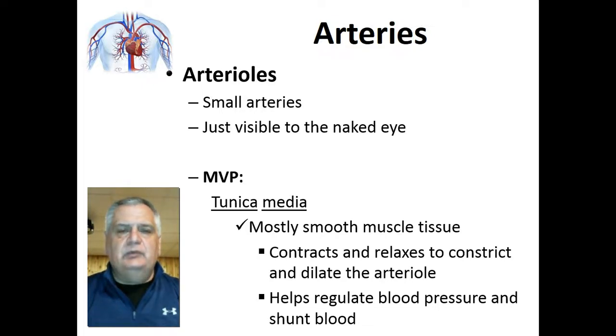Now, if you're not familiar with blood shunting, what that means is that we have about 5 to 6 liters of blood that are constantly circulated through our body. Of that 5 to 6 liters of blood, it's not enough blood to provide all the tissues with the amount of blood that they need to provide support whenever they're working at their maximum.